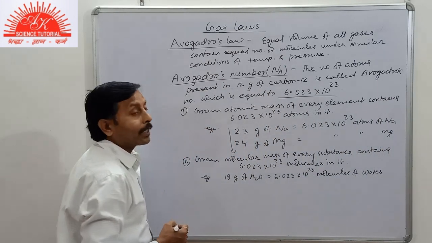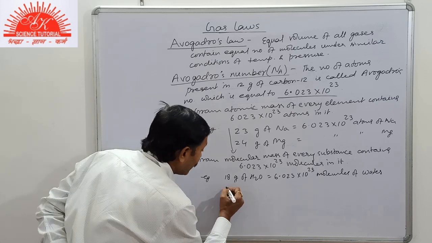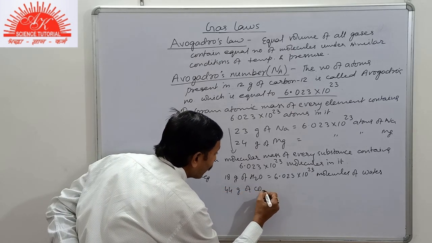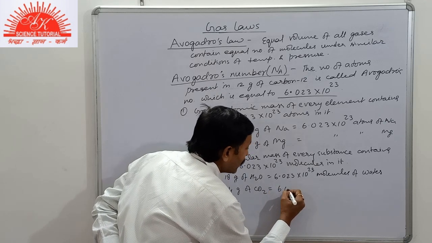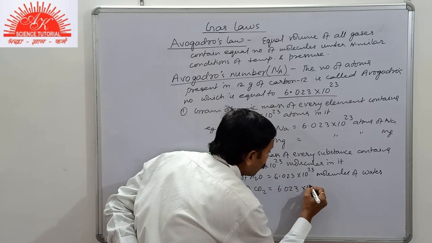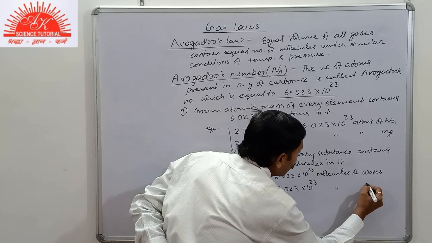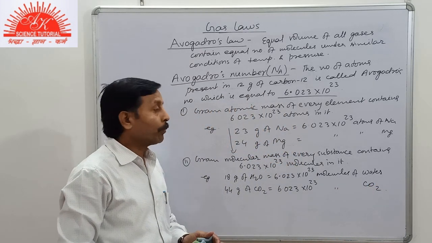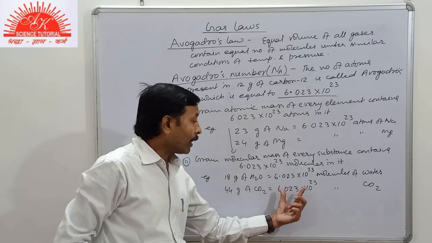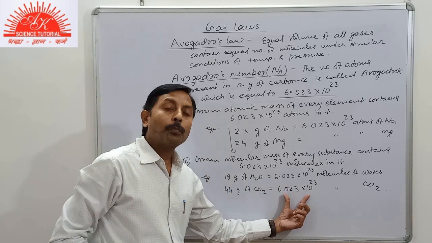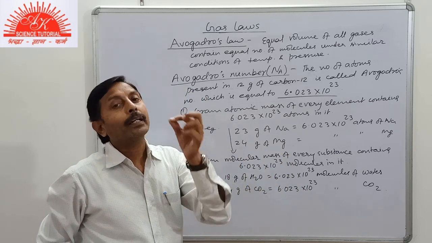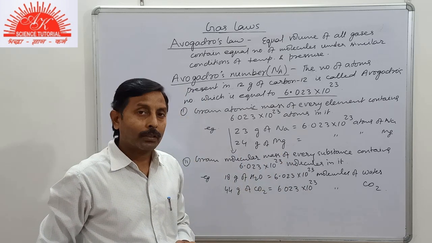Similarly, suppose we take carbon dioxide, then 44 is its gram molecular mass. This much, 6.023 into 10 to the power 23 molecules of CO2. So you can compare now, students. Suppose the question is asked, what is the number of molecules in 10 gram of carbon dioxide?